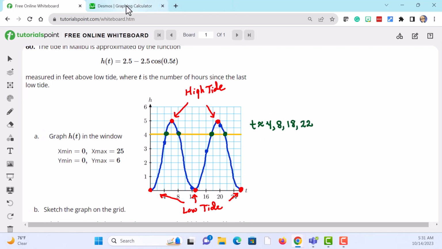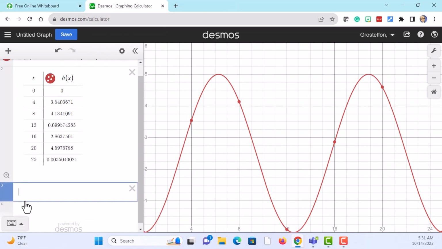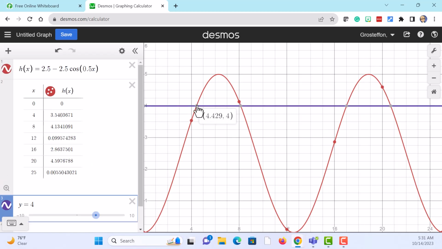Now to get better estimates, we can go back to the Desmos graphing calculator, and we can type in y is equal to 4, and then we find the intersection points. The first one's at approximately 4, the second one at 8, the next one at 17, and the last one at about 21.